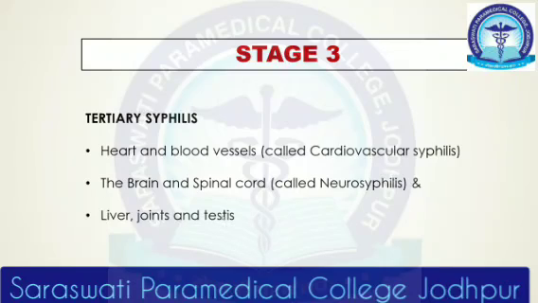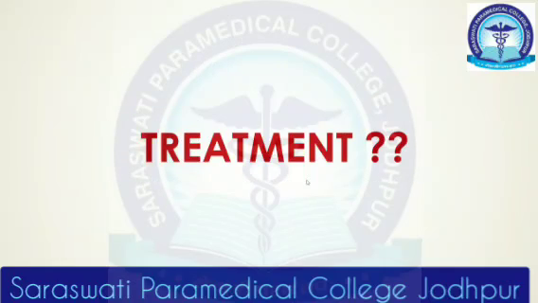The point to be noted is when syphilis affects your heart and blood vessels, we call it cardiovascular syphilis. And when syphilis affects your brain as well as spinal cord, we call this type of syphilis neurosyphilis, right?